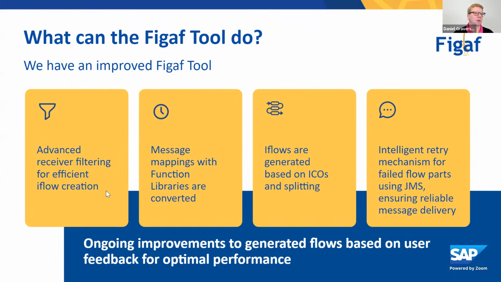We do have some elements on the filtering, where you can specify, if you have multiple receivers, which one would receive messages. Function libraries are included, ICOs with splitting are also supported, and we also try to add retries to the scenario where it makes sense, in a way that makes it easier for you to manage afterwards.